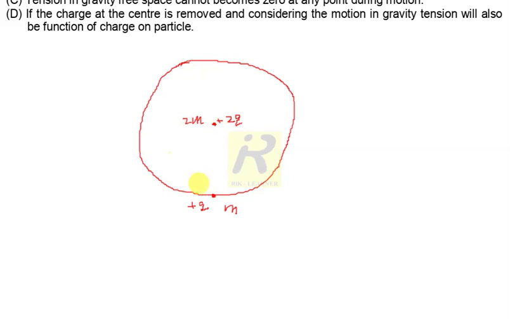Now I assume two different positions: one is the lowest position, and another one is the highest position, which is somewhere here.